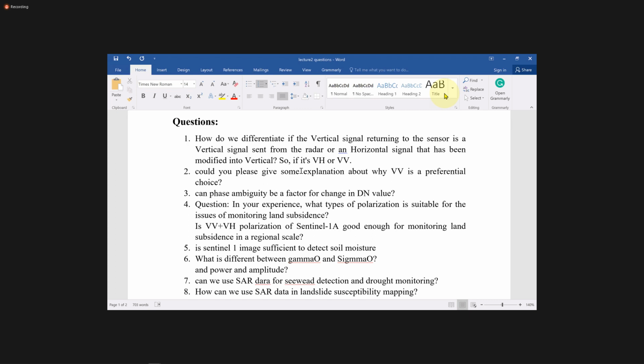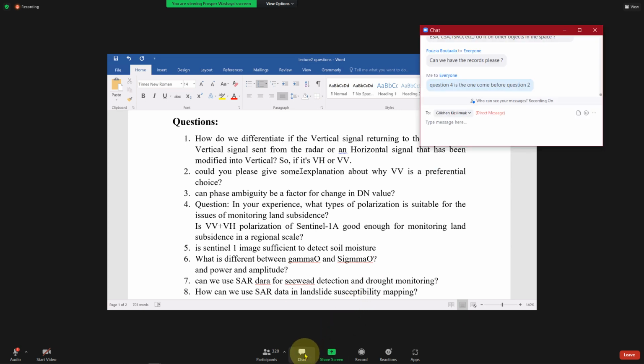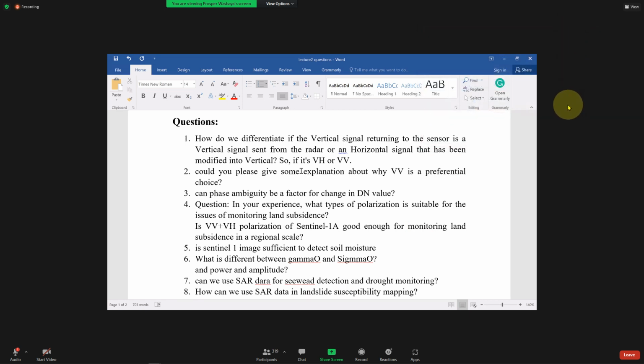So we know if it is VH or VV. When you get the SAR image, it will be in the metadata. If you order a SAR image, sometimes you can even choose what you want.